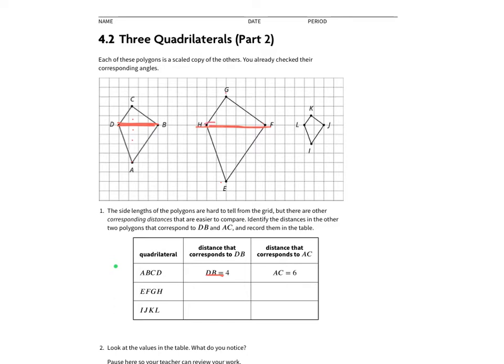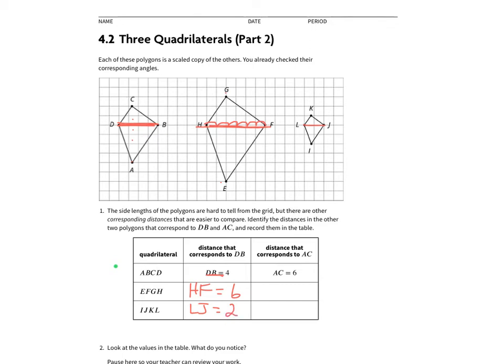Well, I could count 1, 2, 3, 4, 5, 6. That's 6 units long, so I'm going to write HF equals 6. And then the next one down, in IJKL, that same corresponding piece, how long is that? That's LJ. And that one looks like it's 2 units long.